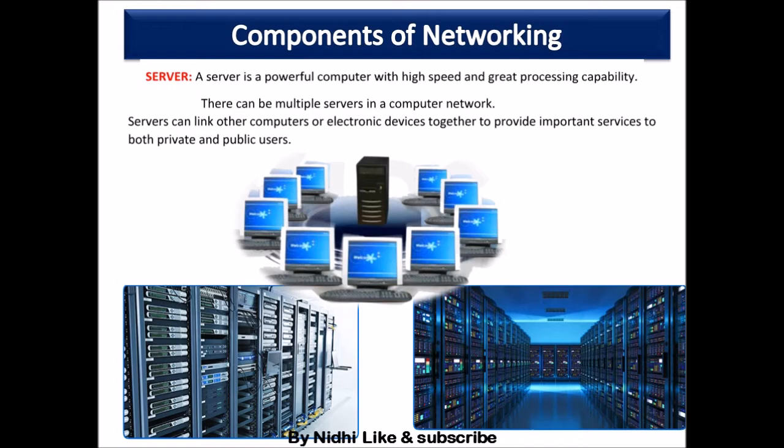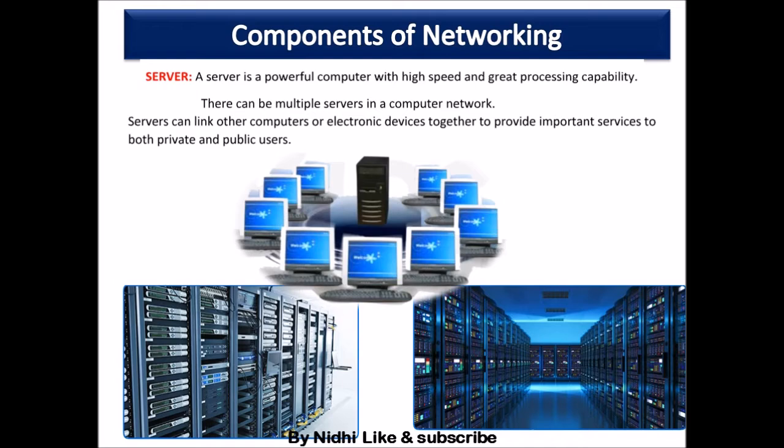There can be multiple servers in a computer network, and a server can link other computers or electronic devices together to provide us important services to both private or public users. That means the work of a server is to serve the response. We make a request to the server and the server gives us the response back.